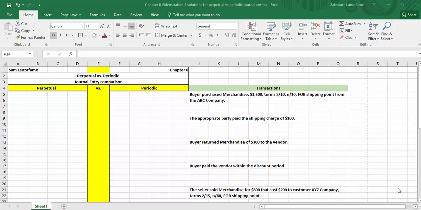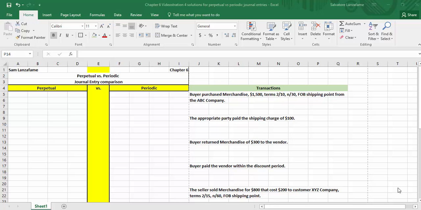Some people refer to it as free on board, but basically it's who's responsible for the shipping. If you see the word shipping point after the word FOB, that means the buyer is responsible for the shipping. If it had said FOB destination, then the seller is responsible. So FOB shipping point, buyer is responsible.